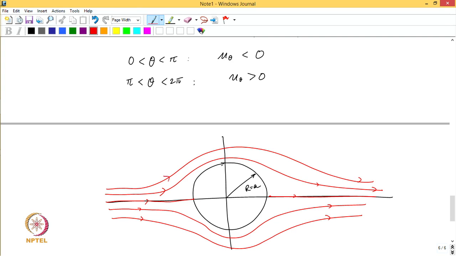From the point of view of the origin, theta basically goes in this direction.